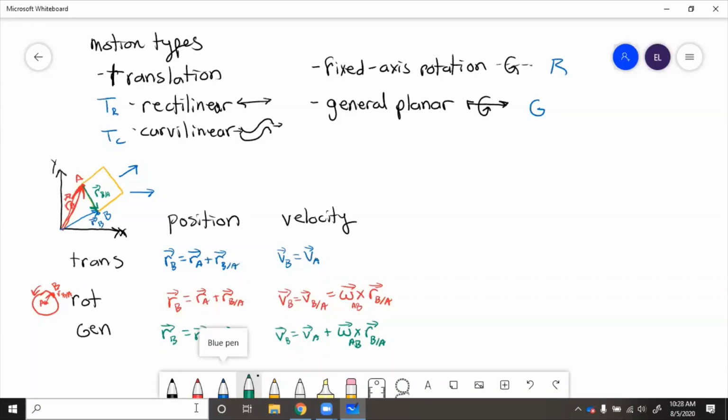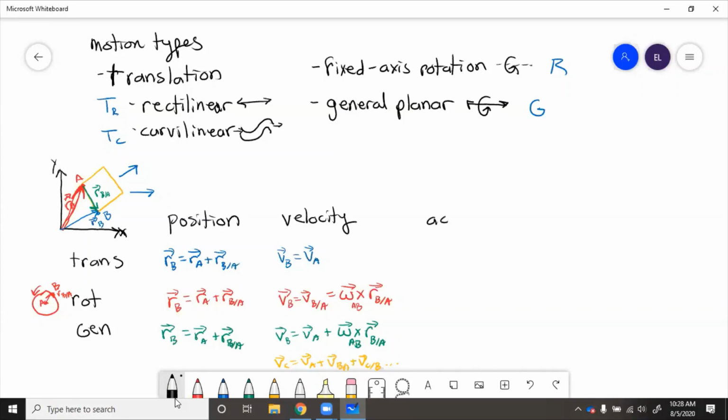So if you had VC, then you would get something like point C. So VC equals VA plus VB with respect to A plus VC with respect to B, so on, for multiple points on the rigid body.